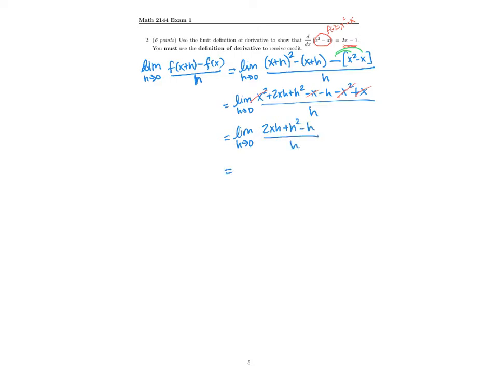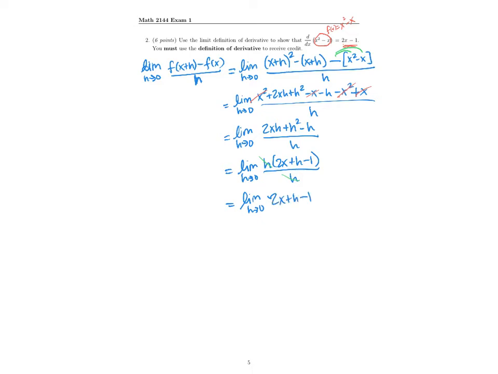And so I can pull an h out of all those terms on the top. And when I do that, I can see that I have an h divided by h, and h divided by h makes 1. So now I have the limit as h goes to 0 of 2x plus h minus 1.